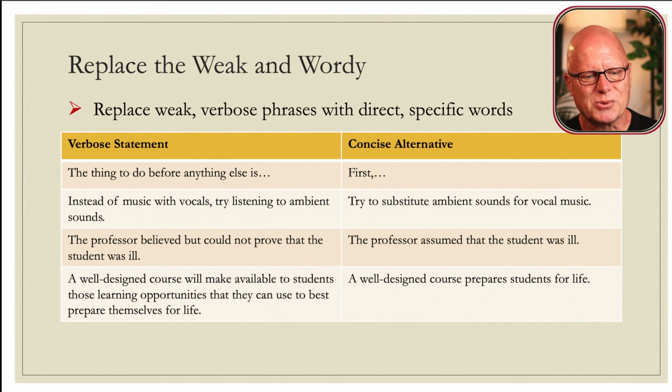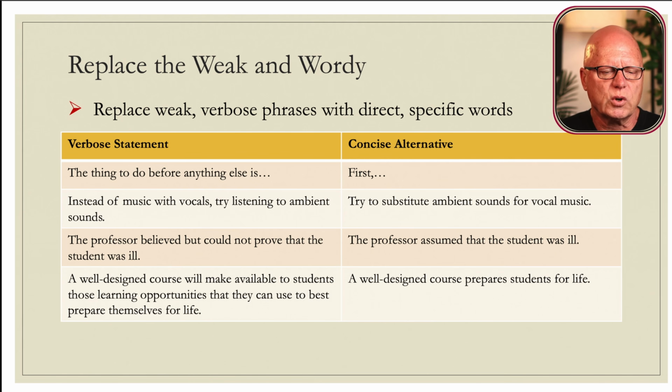Now, in concise writing, weak or wordy phrases are replaced with direct, specific words. So I sometimes challenge my students to remove convoluted descriptions and replace them with a specific noun that characterizes the same intention.